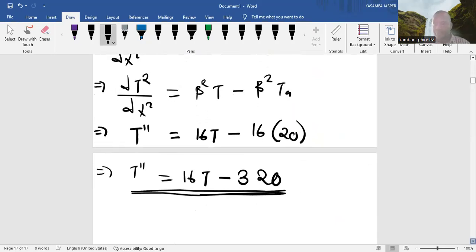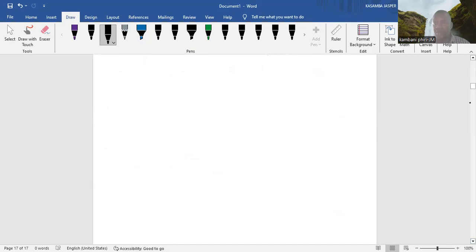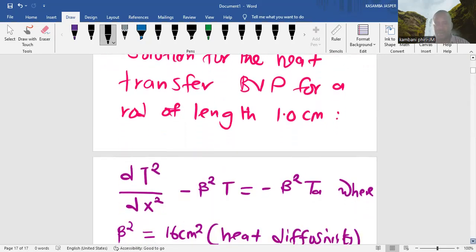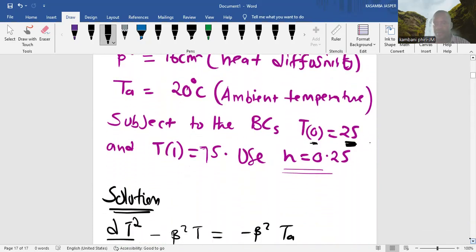Okay, now we know that we have h being equal to 0.25. Now, when you look at the boundary conditions, we have T of 0 and T of 1. So it means our lower limit, if I were to say it that way, is 0. Our upper limit is 1.